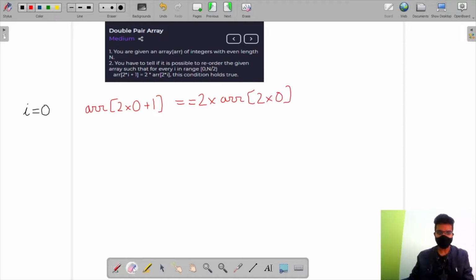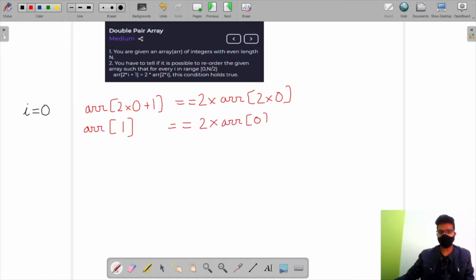Let's solve this and write it again. If we solve it, it will be array of 2 into 0 plus 1, which is array of 1, since 2 into 0 is 0. It should be equal to 2 into array of 0.